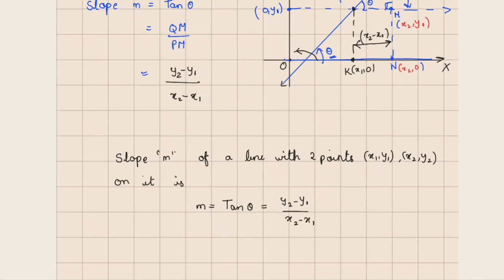As we know two points, we get the slope. From that we can get the inclination, which is tan inverse of that slope.